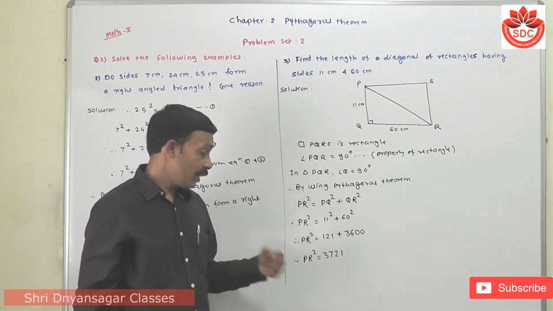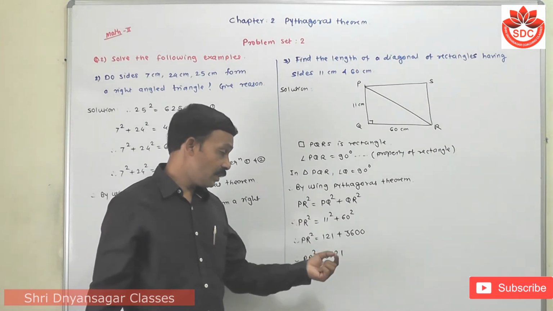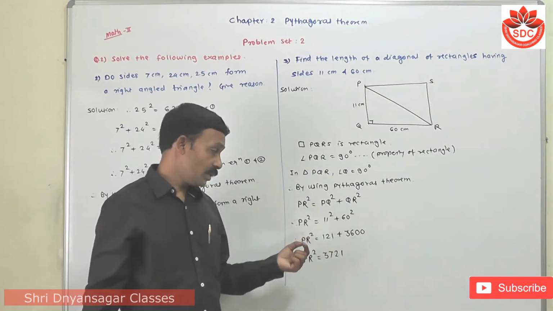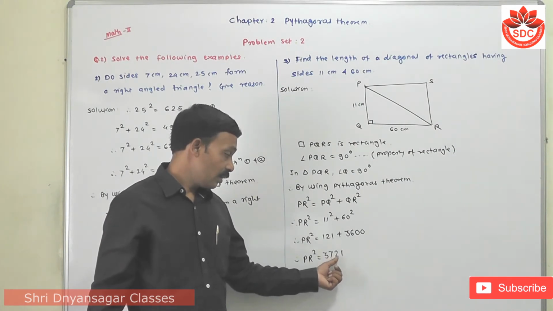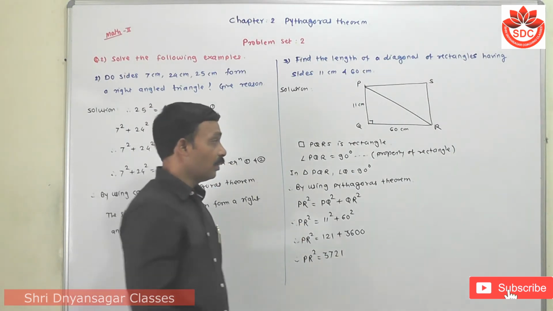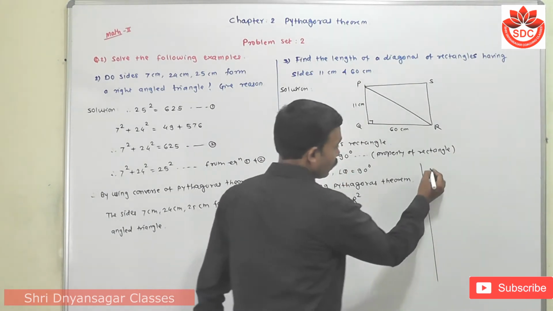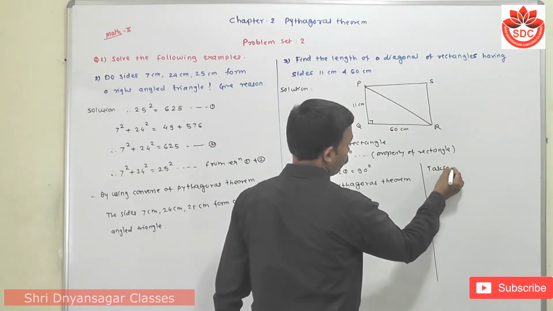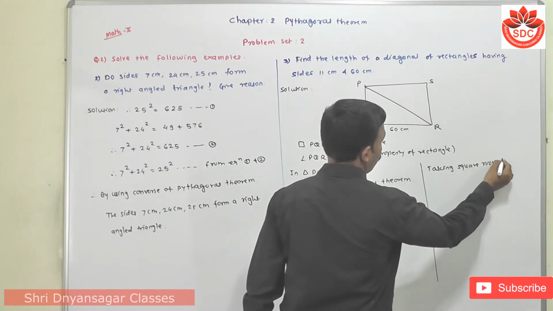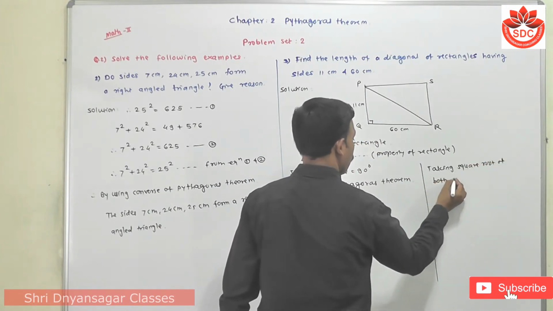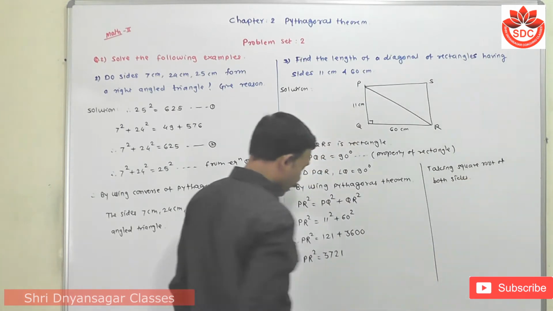If you take 61 times 61, we get the value 3721. So here I have to write, taking square root of both sides.